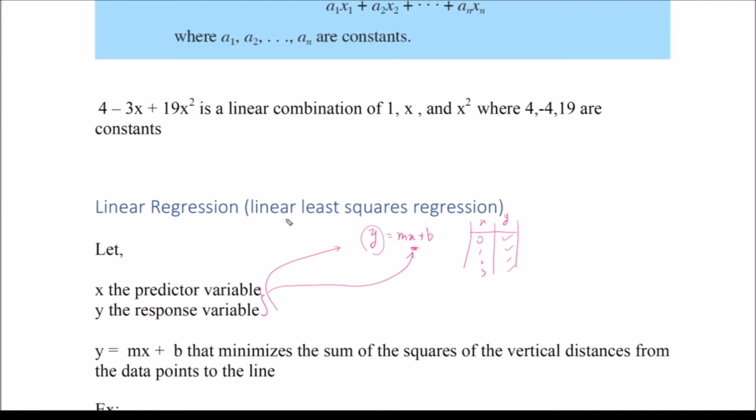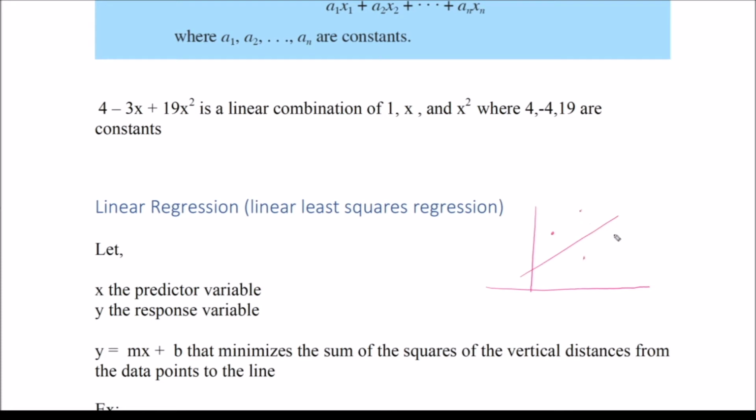Okay, so linear least squares regression means you get the square values of this distance. Let me get a better pointer. The idea here is you take the vertical distance. Vertical distance means if I have something like this on my graph, I get these distances. Calculate these distances, all of them, and get the sum by squaring these values and see which one gives the least square sum.